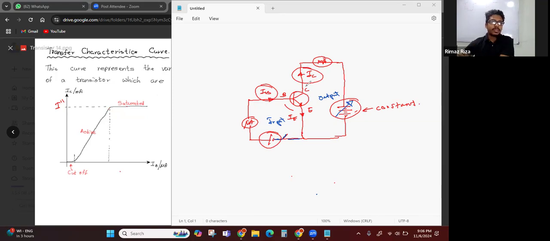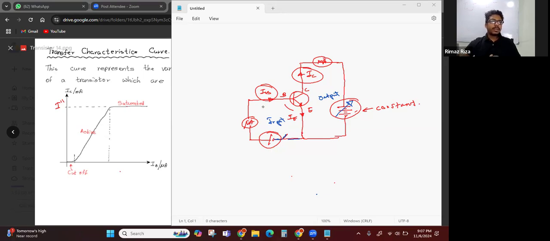Or else you can keep a comparatively large voltage, a normal voltage but comparatively large, and put a large resistor. By decreasing the resistance value with a rheostat or a resistance box, you can increase the IB value. Experimentally you can do something like that.